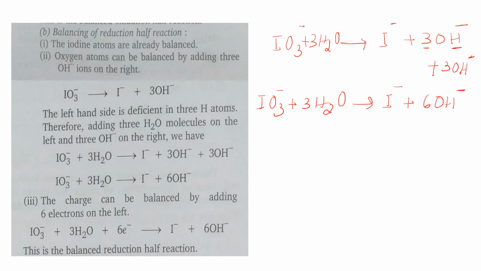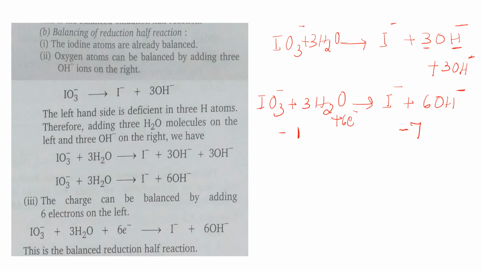Now I have to balance the charge. Now in the left hand side I am having only 1 minus charge, and in the right hand side I am having 1 minus charge and 6 minus charge, so it is total 7 minus charge. So to equalize that, I have to add 6 electrons in the left hand side.